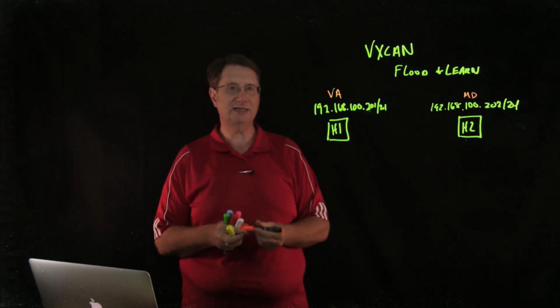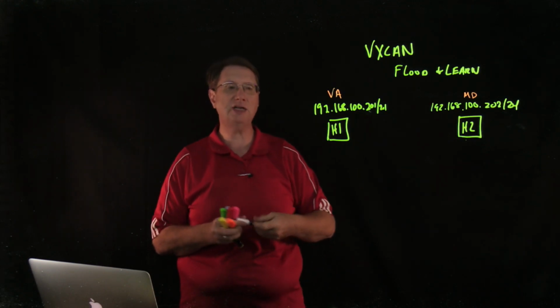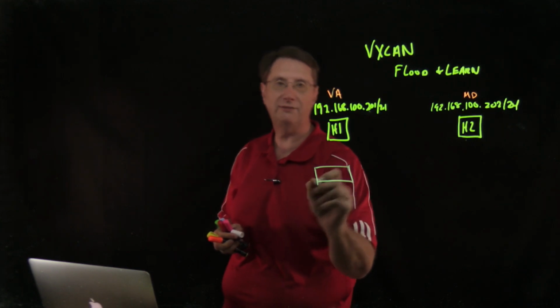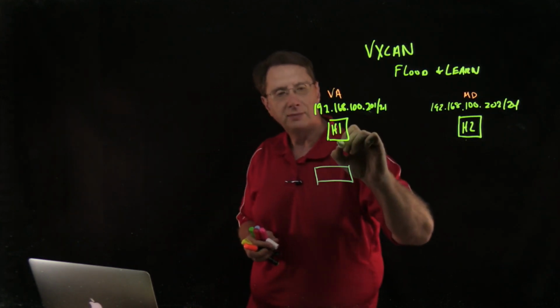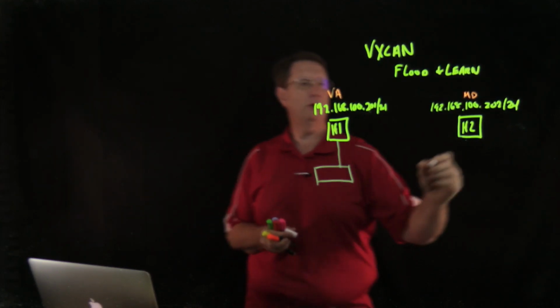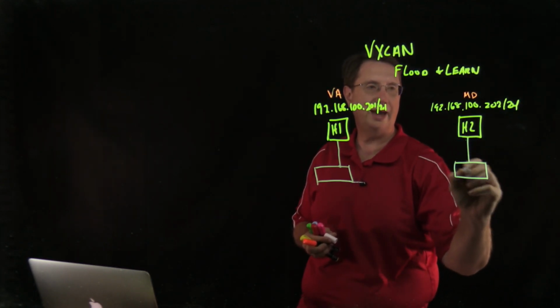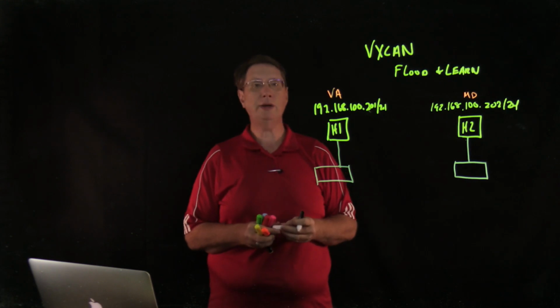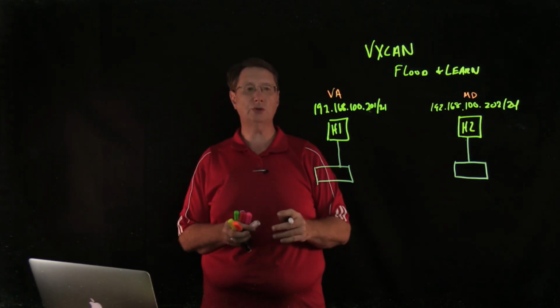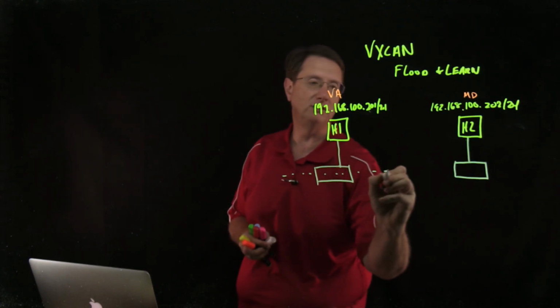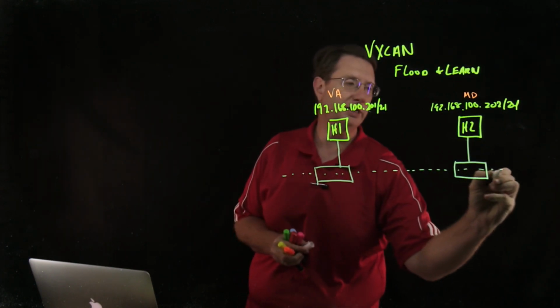Now I want to create a mechanism that's going to allow me to take this host that's connected to a network resource located in Virginia, and this host, which is, as I said, connected to a network resource located in Maryland, and interconnect these resources via the creation of some type of layer 3 transport.